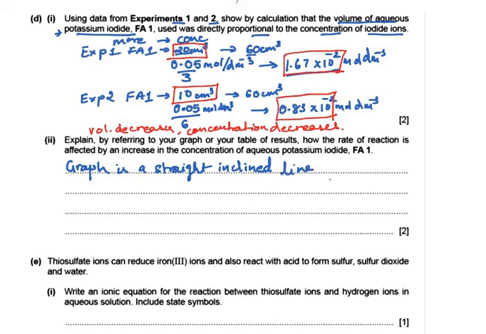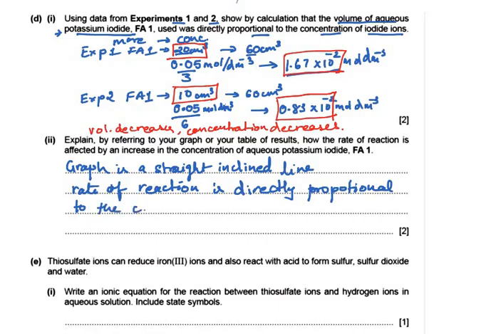So we can say that as the graph is a straight inclined line, the rate of reaction is directly proportional to the concentration of FA1. I'm writing in short, but you have to write it fully. If it's a curved line, then we can't say it's directly proportional, but here, as we have got a straight inclined line, we can write the rate of reaction is directly proportional to the concentration of FA1.